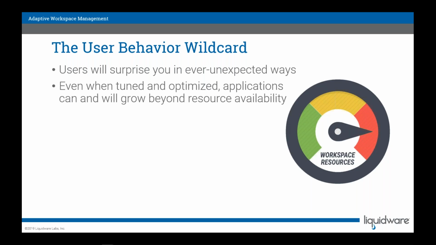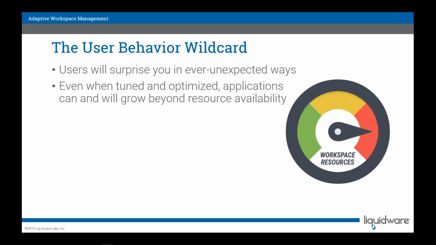Users are really good at surprising you in unexpected ways. I am on a lot of customer calls with our field sales team, and it never ceases to amaze me the things users will try to do, or figure out a way to do, or find loopholes or cracks in the armor of your delivery mechanism.